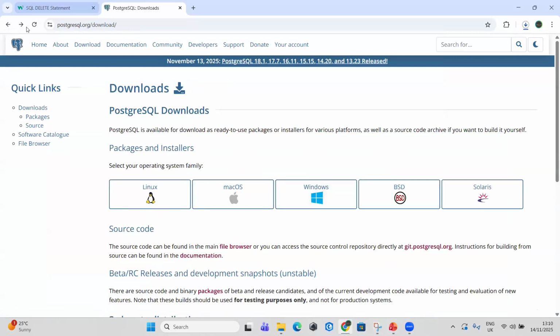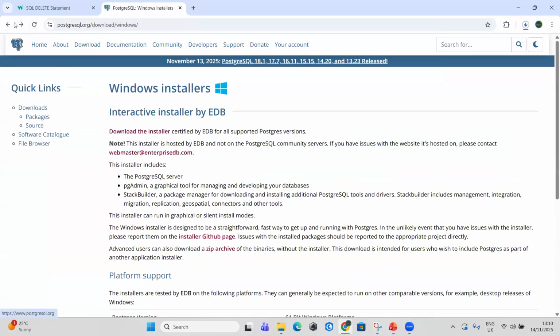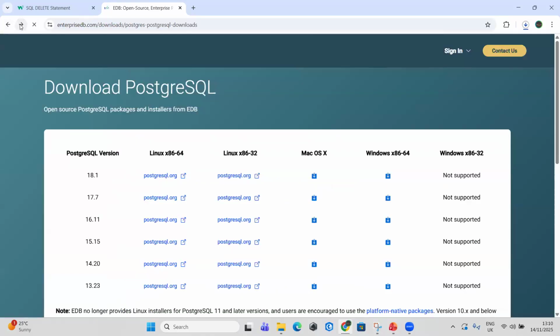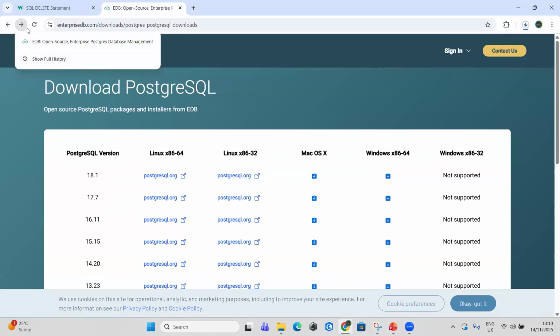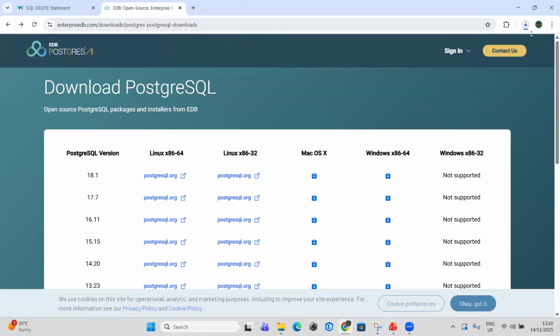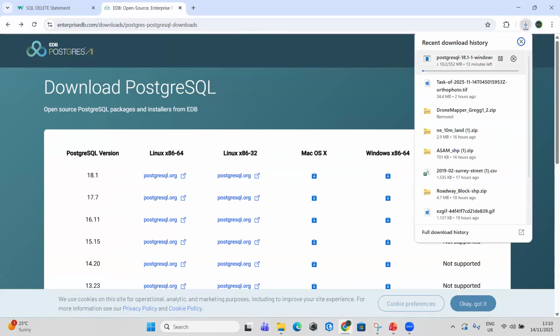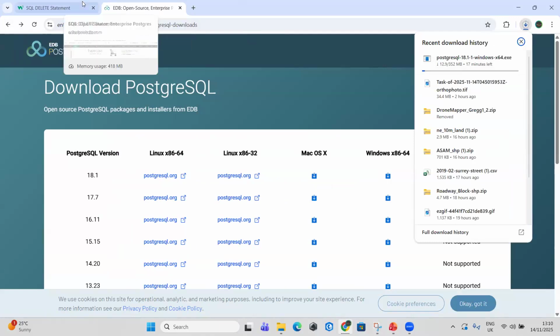When you click on Windows, it will take you here. Then click on this, and I guess it will start downloading. Until it downloads, we can continue.